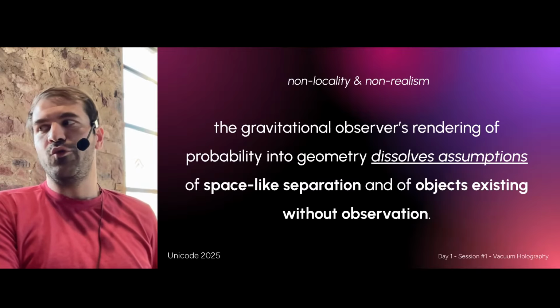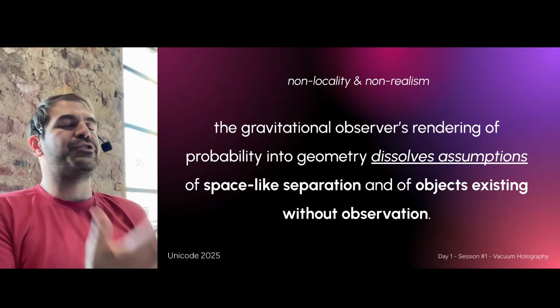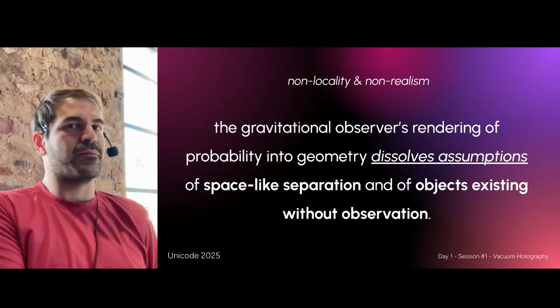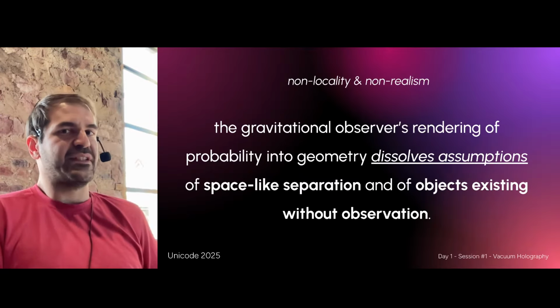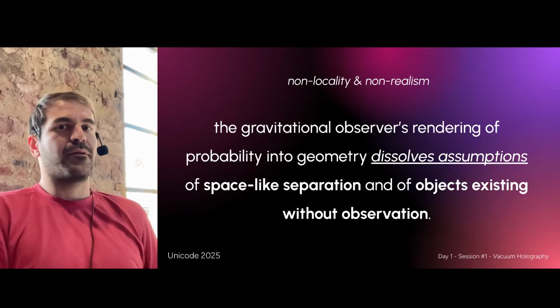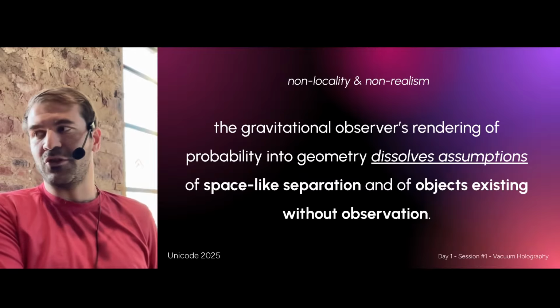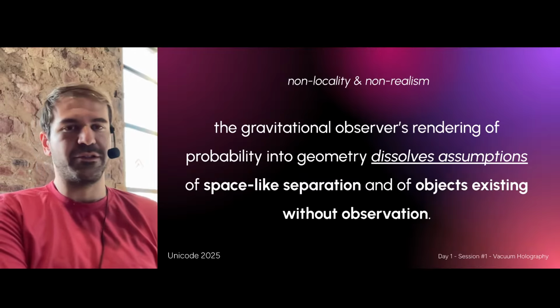That's how you would explain your solution to locality and realism as non-locality and non-realism, through what we just said: the gravitational observer's rendering of probability into geometry.